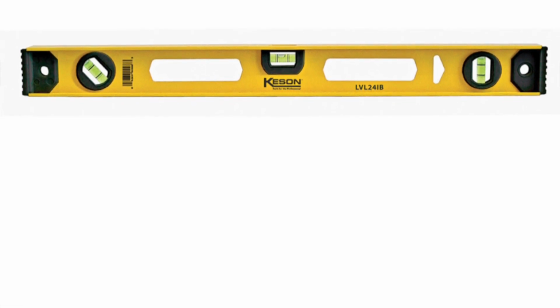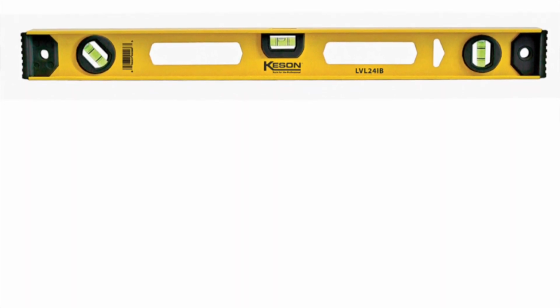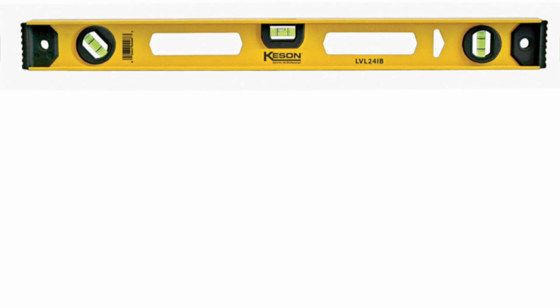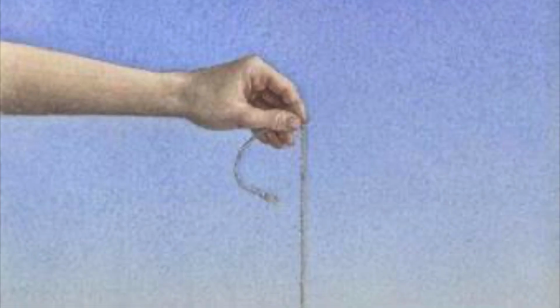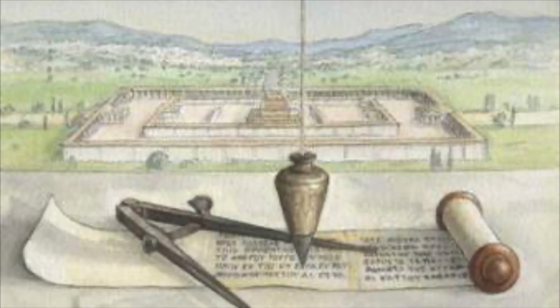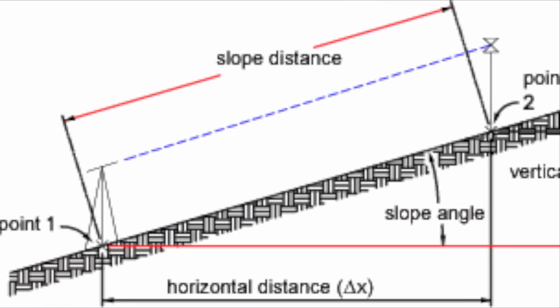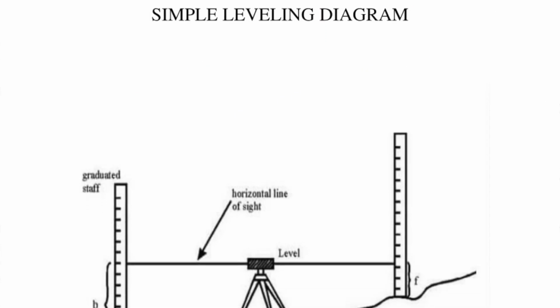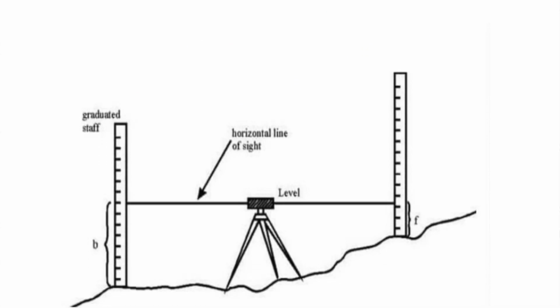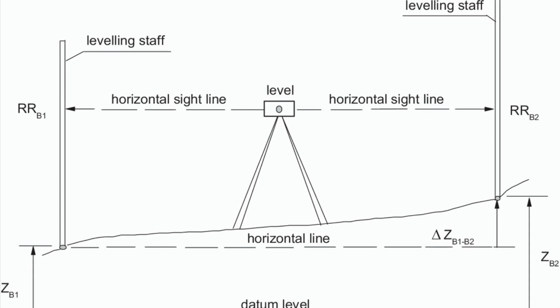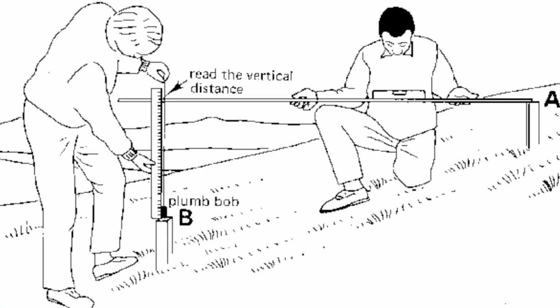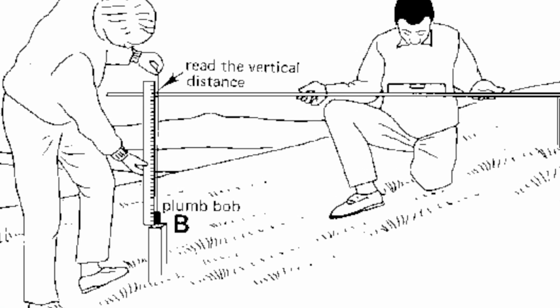A level establishes a horizontal plane of reference that you can then measure a change in the vertical from. You're talking about now an auto level or a theodolite or something like that. That auto level is establishing a horizontal. A horizontal is a straight line, isn't it? Straight line, yeah, absolutely. It's phenomenal.